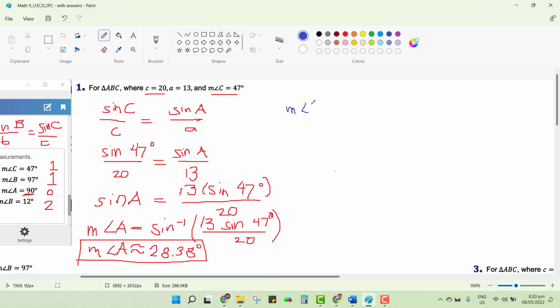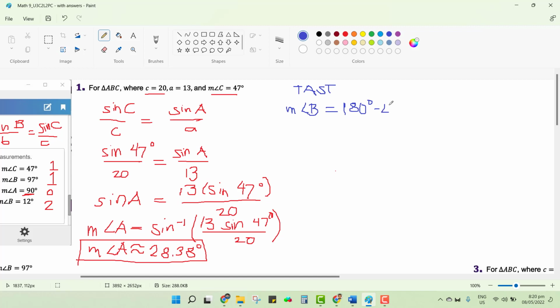So the measurement of angle B, according to the triangle angle sum theorem, which states that the sum of the measurements of the three angles must be equal to 180 degrees. Hence, we will get the measurement of angle B by subtracting both the given measurement of angle C and the computed, or approximated, measurement of angle A from 180 degrees.